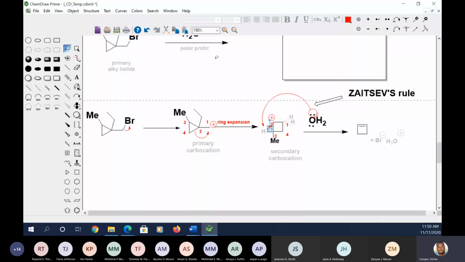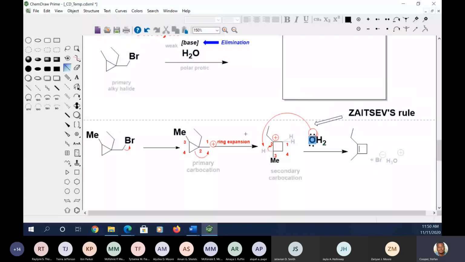All right, so what is my product going to look like now? So it's going to change a little bit here. All right, so I'm going to have a double bond here with a methyl hanging off. I need to have my other stuff here on 2. This methyl group here. Right?